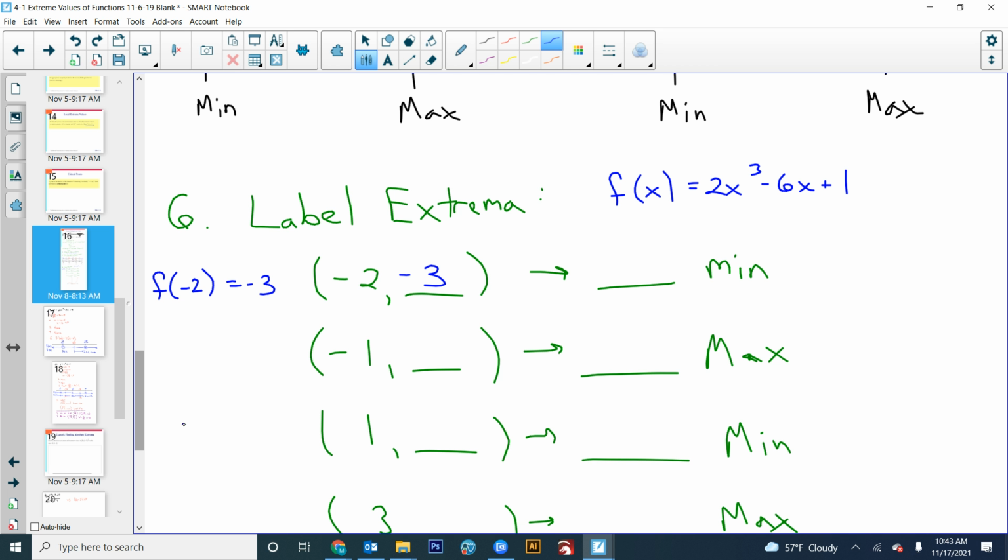Now, I'm going to go down to the other min because I want to see who wins. Who's the lowest? Well, plug in 1. 1 cubed is 1 times 2 is 2. 2 minus 6 is -4 plus 1 is -3. Ah, man, that's a tie.